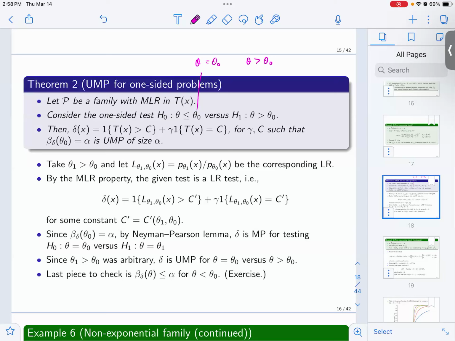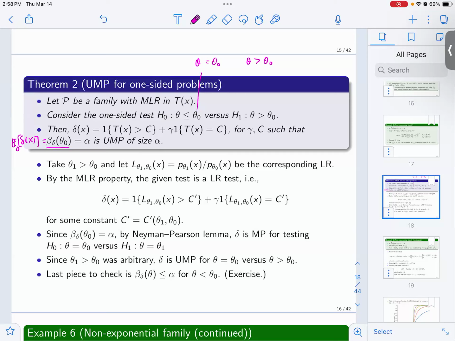Then this test that rejects when T of X is bigger than C is going to be UMP of level alpha. And then you have to also normalize to be able to achieve the power of the test. This is the power function, which is basically the expectation of delta of X. So this randomization is understood there so that we can achieve this.